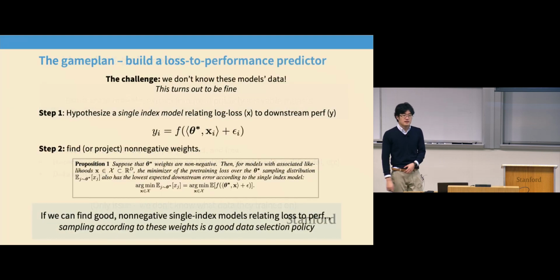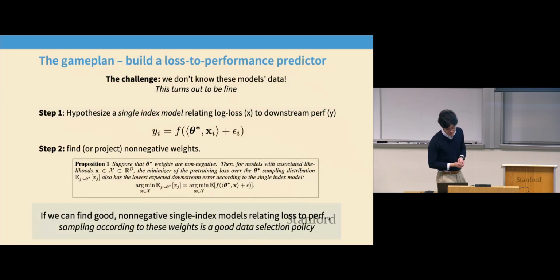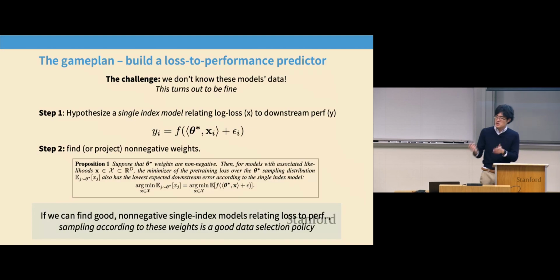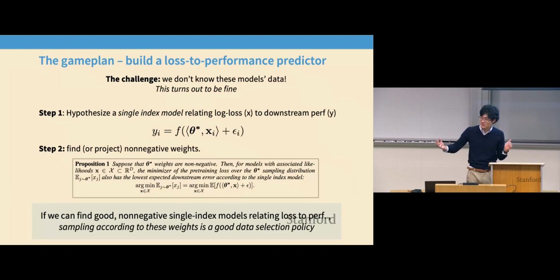So really the fun little trick here, this is the one trick in this talk, is that you don't need to know what these models trained on, because there are things we can measure just by using the parameters of these models. In particular, the thing we can measure is the loss of these models. I'm going to take these publicly available models and measure how well they compress text, or what log likelihoods they get, on different pre-training websites.